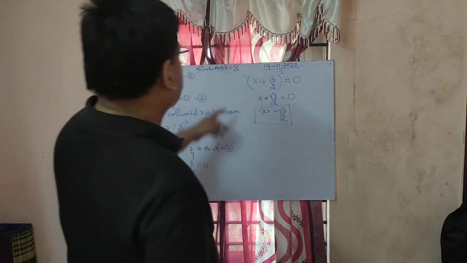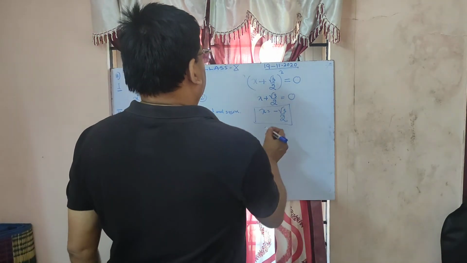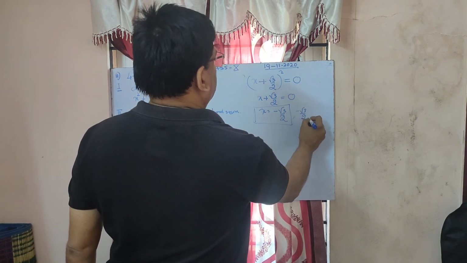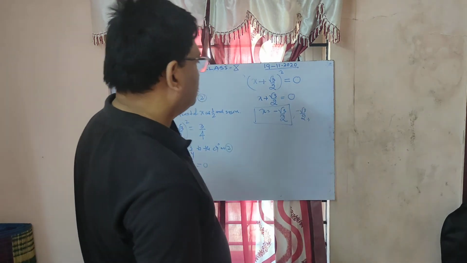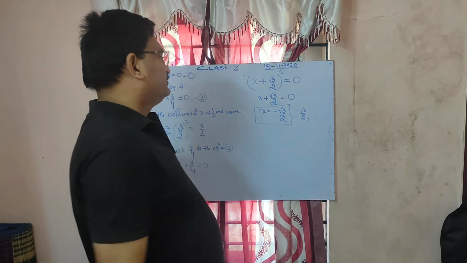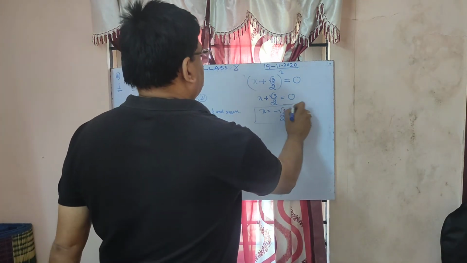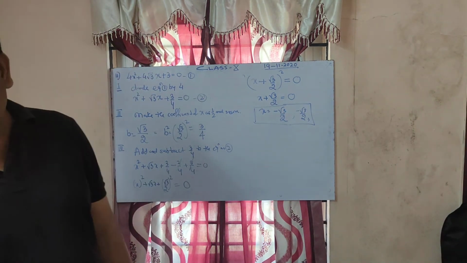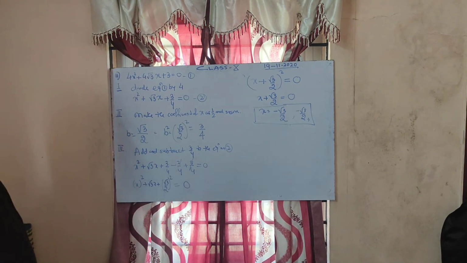Being x square, we have two answers, and it is the same thing, minus root 3 upon 2. So there are two answers, minus root 3 upon 2 and minus root 3 upon 2. This is how this example could be done.